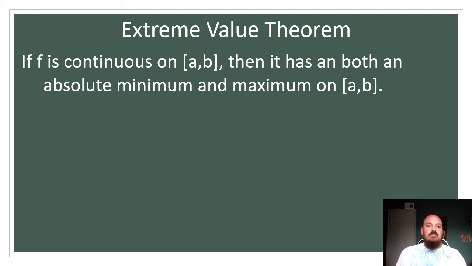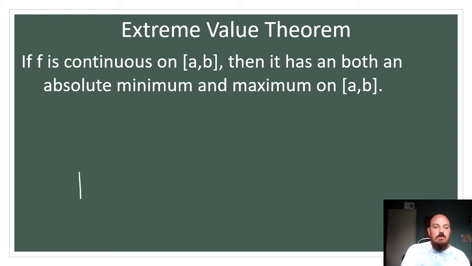So what it says is, if f is continuous on some closed interval a comma b, so it could be continuous from 2 to 10 or from -5 to 7 or something like that, but closed interval, brackets on both sides, then it definitely does have both an absolute minimum and maximum on that closed interval. And I'm going to show you a quick picture of what that looks like.